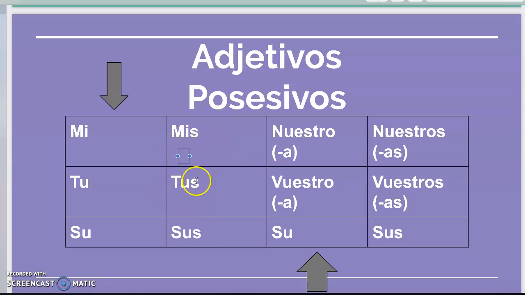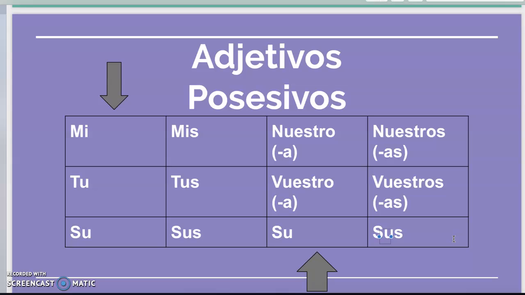Now I look here and here, this row, mis, tus, sus, nuestros, vuestros, sus, they're plural. So the up and down columns that have arrows pointing to them are singular, and the up and down columns that don't have any arrows have to be plural. You should have that notated somewhere so that your brain can see this visual aid and actually have it help you. Otherwise, it might be confusing.